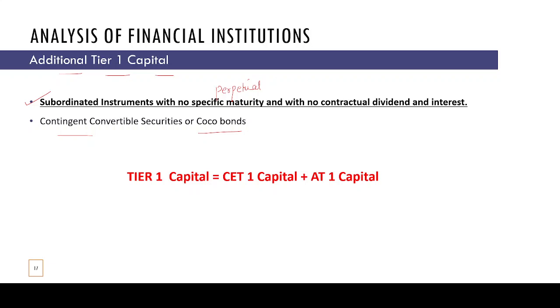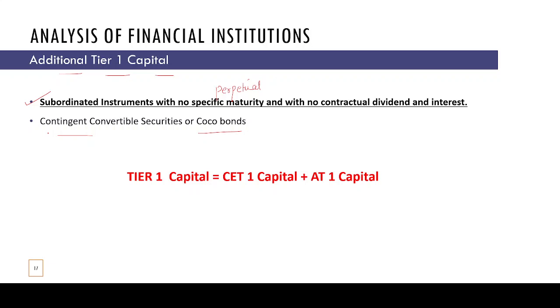Now, what could this trigger event be? It could be if the CET1 capital of the bank falls below the regulatory norms, or if the total capital of the bank falls below the regulatory norms. So, if the CET1 or the total capital or tier 1 capital of the bank falls below the regulatory norms, then these bonds, these debt instruments, would be converted into equity.